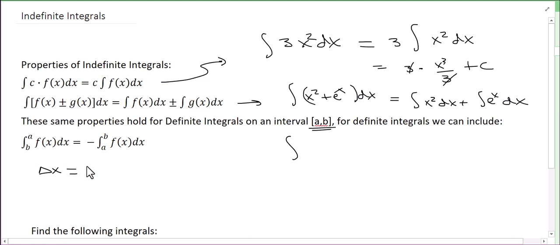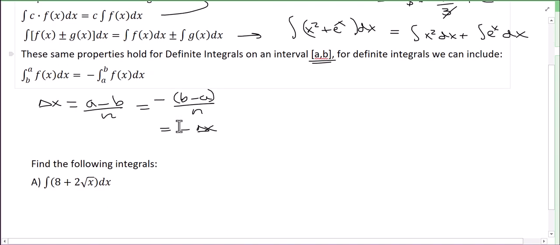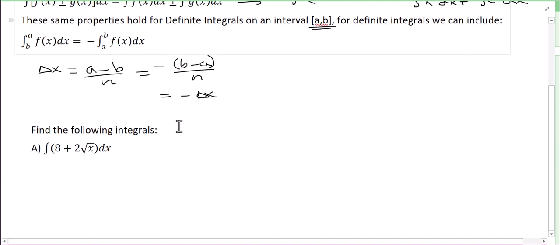In this case it will be the top limit minus the bottom limit, so this will be a minus b over n. But to make it look like our usual delta x, we can factor out a negative, and now you have b minus a over n, which is negative delta x. So you will have the negative out front when you do a Riemann sum. And so all of these properties really come from the properties of summations. So let's try an example.